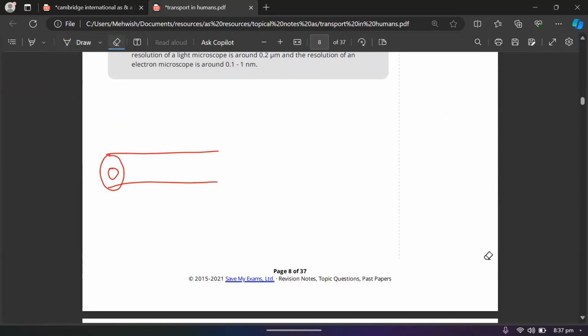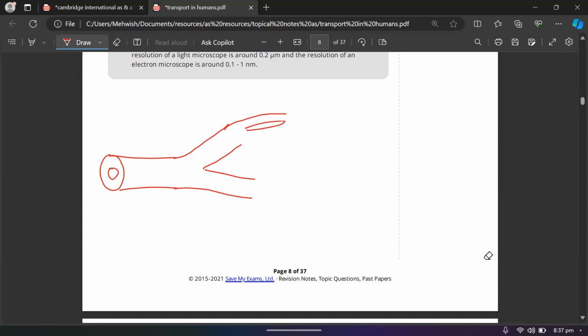When it reaches near the organ, it splits into smaller arteries and then the arterioles, right? And then these arterioles, when they reach the cellular level, further split into smaller capillaries, right?